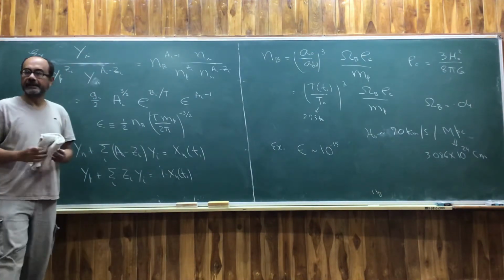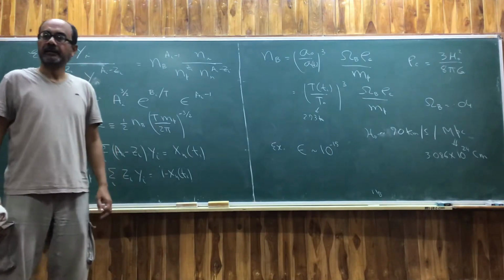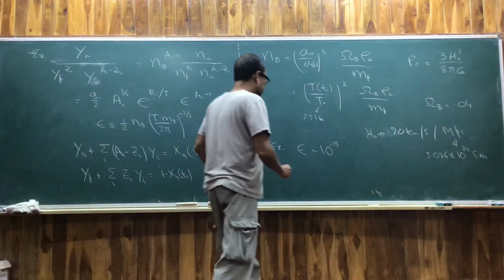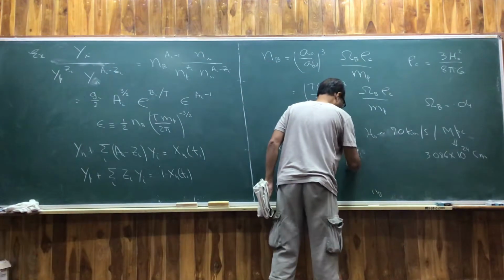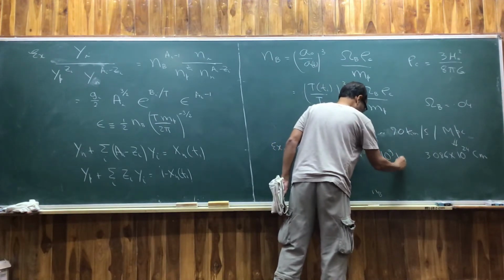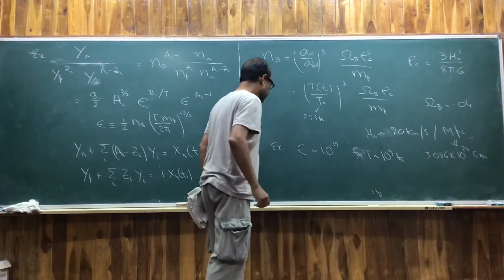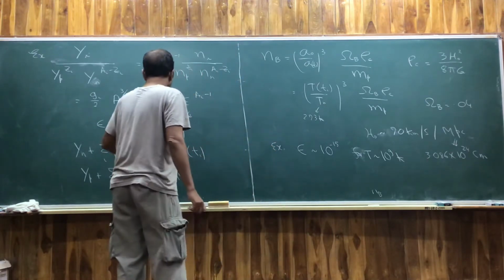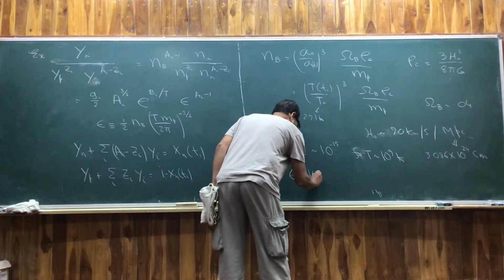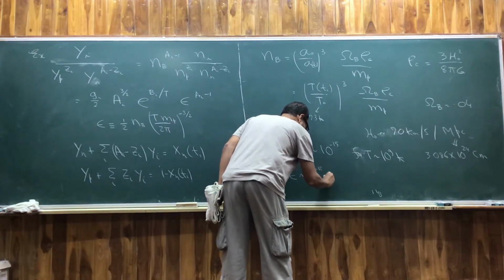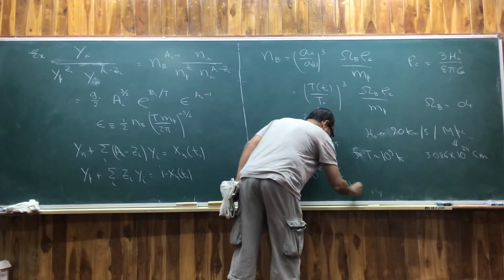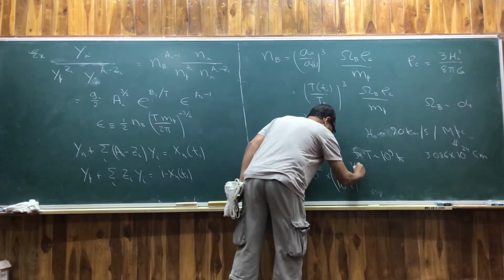Just one minute. Yes, sir. T0 is the temperature basically when the baryon freezes out. So I am considering this for T of order 10 to the 9 K. Otherwise I should write epsilon as 10 to the minus 15 times T over 10 to the 9 Kelvin to the power 3 half.